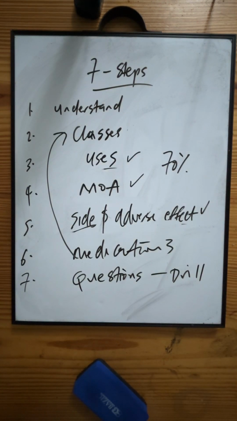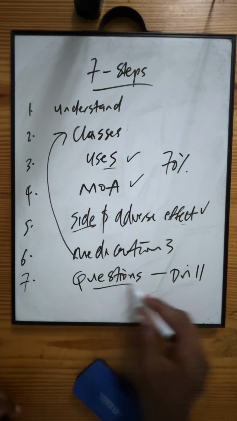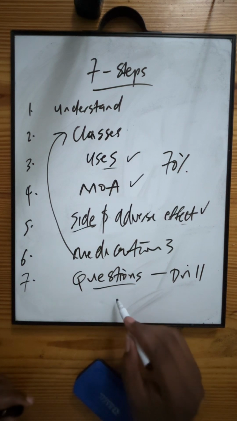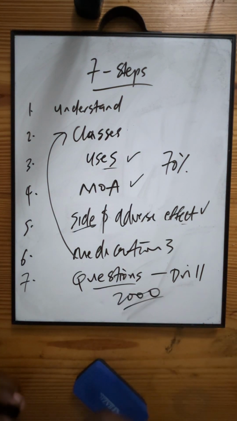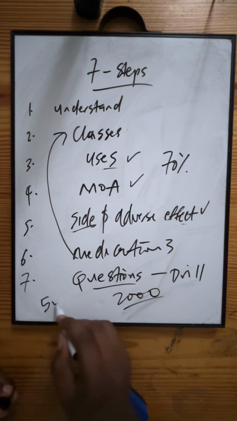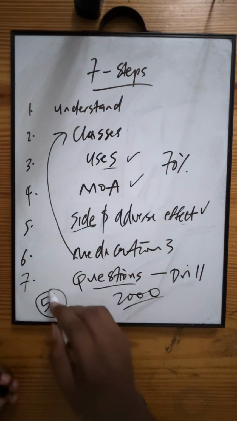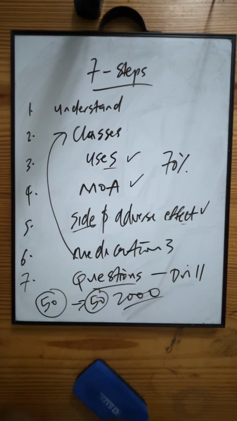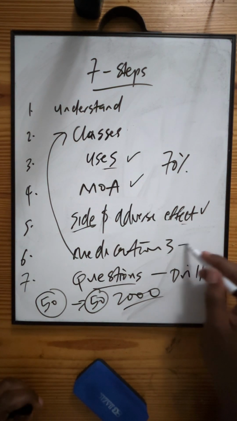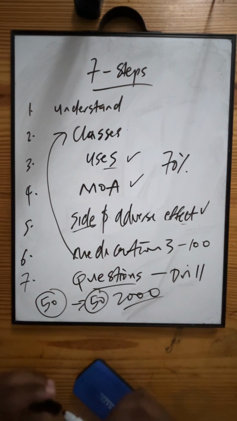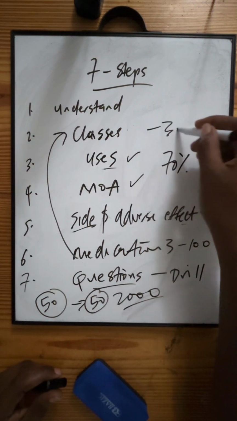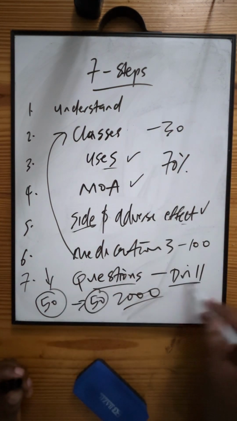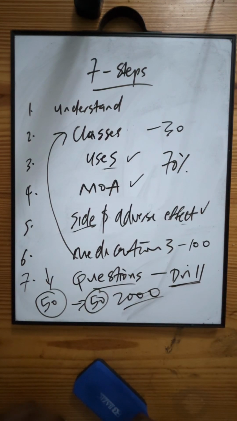At this point, when we try to answer questions, the question bank is 2,000 questions. For the first 50, if you don't get all 50 correct, you will not be able to move to the next 50 questions. That way, even if you have not successfully learned your 100 medications or your 30 classes, this aspect will drill the information perfectly into you.